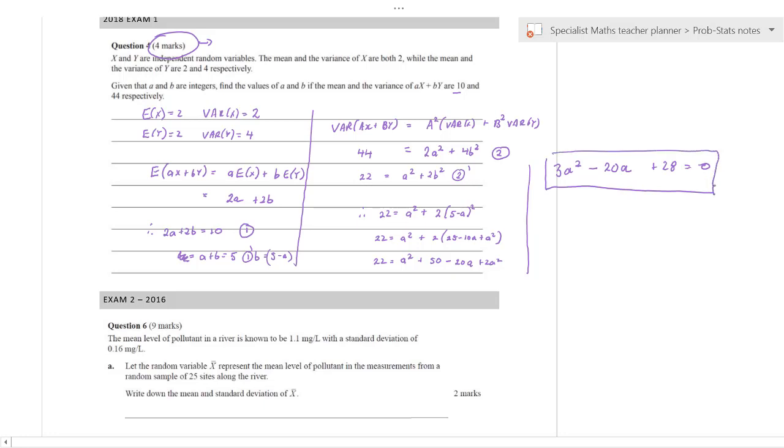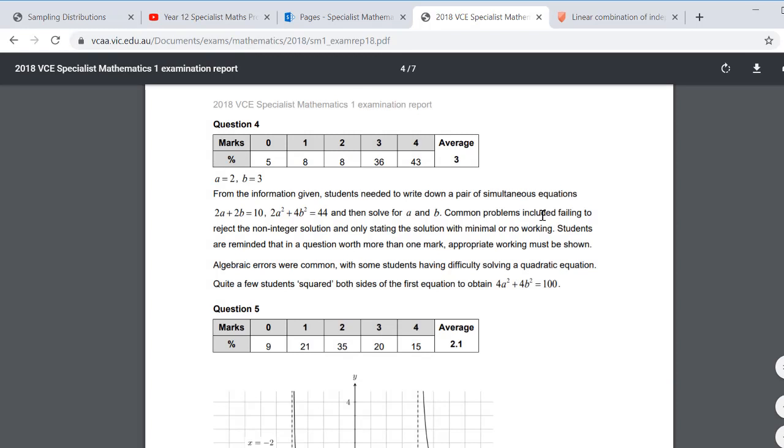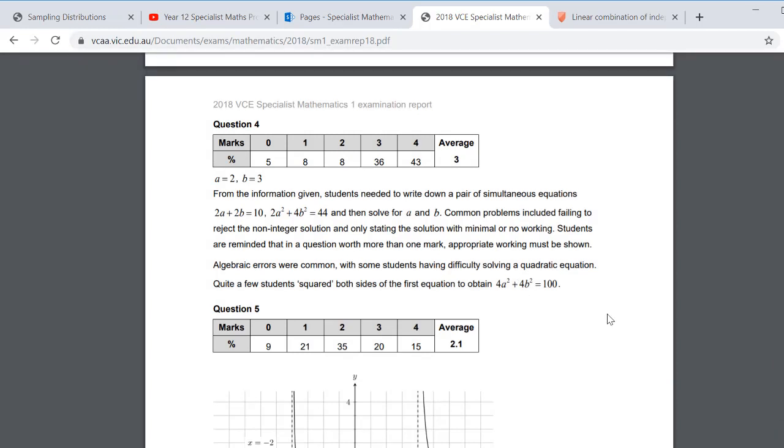But at the same time, we also know that b is equal to 5 minus a. You probably could have guessed and checked, in all honesty. But so what's the answer? I want you to think, what's the next step? Okay, so look, I could fiddle around with that and get that.